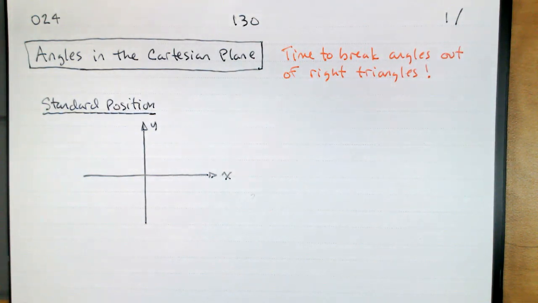An angle in standard position will have its initial side on the positive x-axis. So the initial side goes on the positive x-axis.